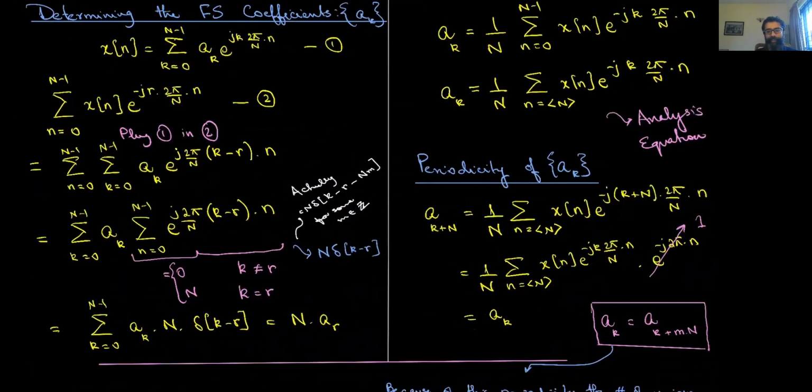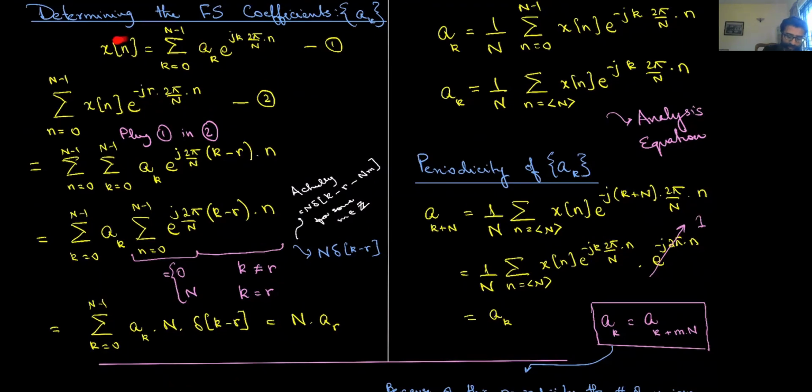Instead, the approach that we've used here is similar to what we had in the continuous time case as well. You say, let me multiply my signal x of n with e raised to minus j r 2 pi by capital N times n, and then sum over 0 to capital N minus 1.